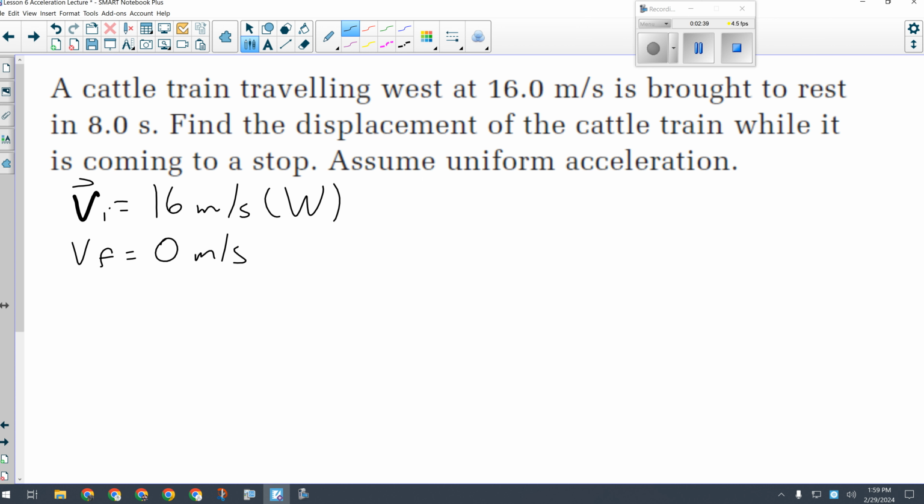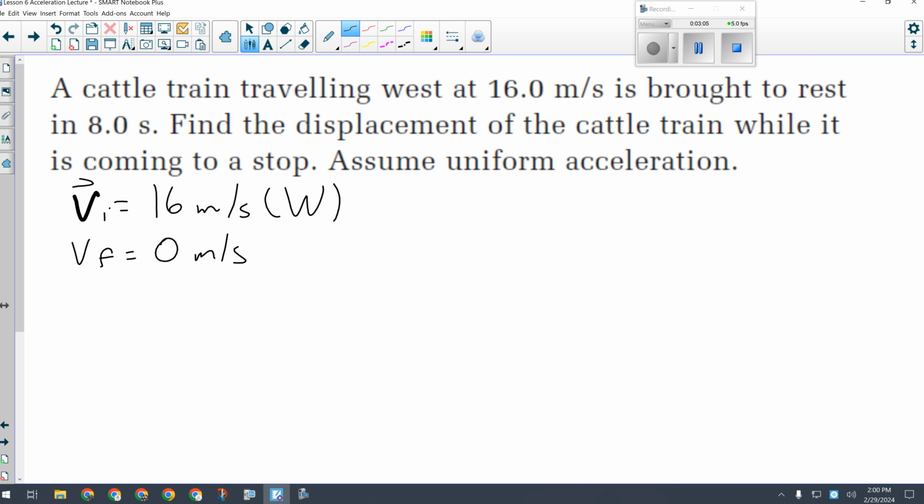Before I even read any further, there's another important contextual clue here. These cattle are doing what? Speeding up or slowing down? They're moving at 16 meters per second and are brought to rest.